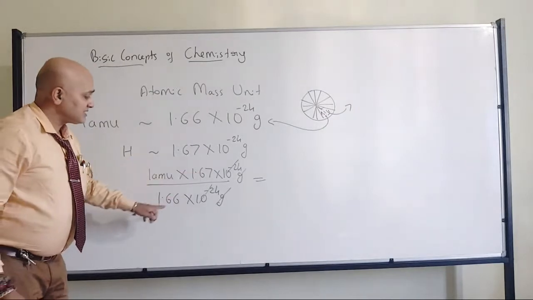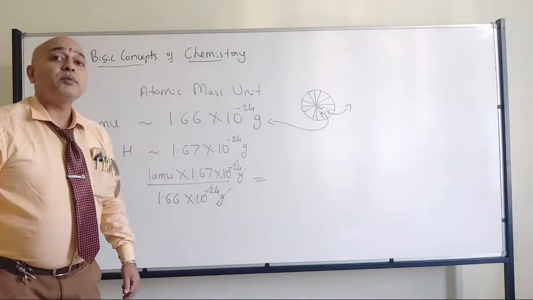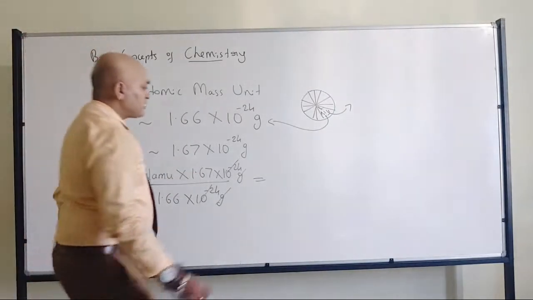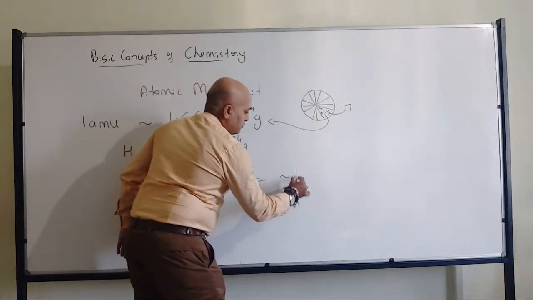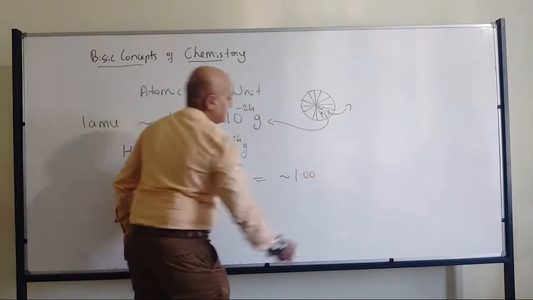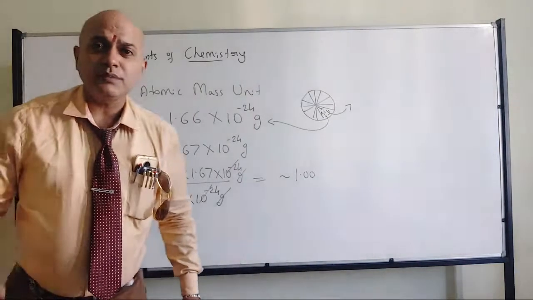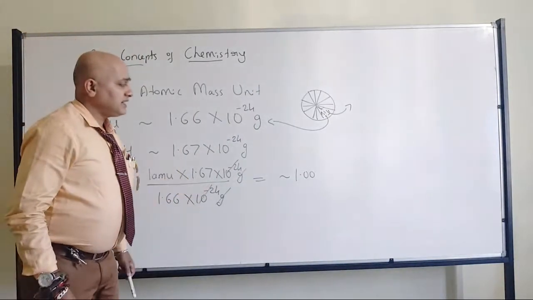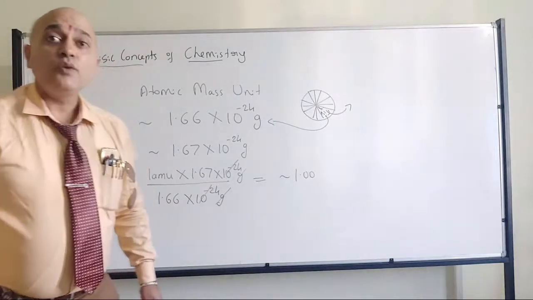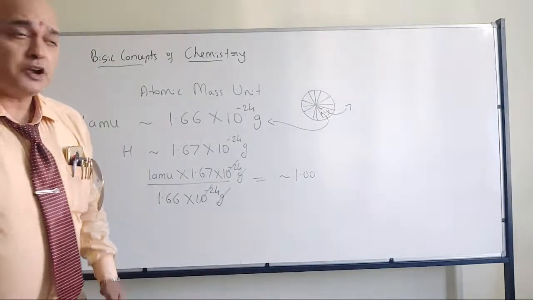So 1.67 divided by 1.66. Approximately it will be equal to 1 only. Approximately it will be 1.008 something that will come. So I have written it as approximately 1. Got my point?